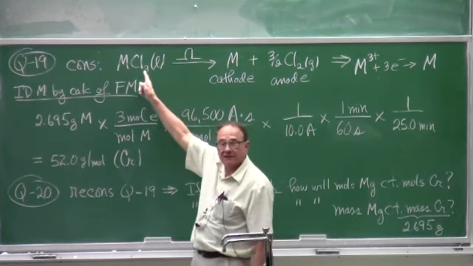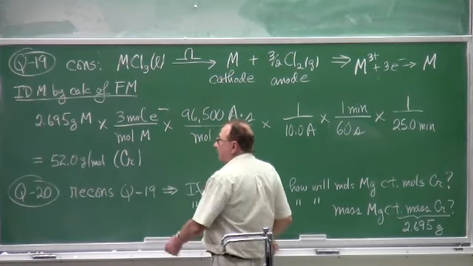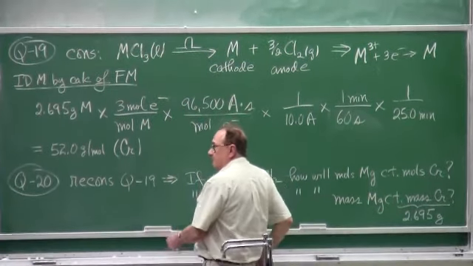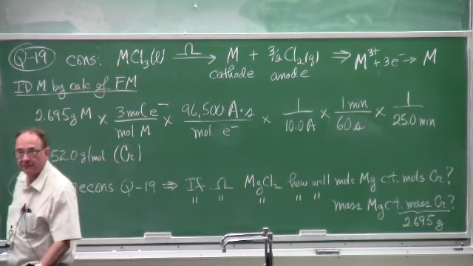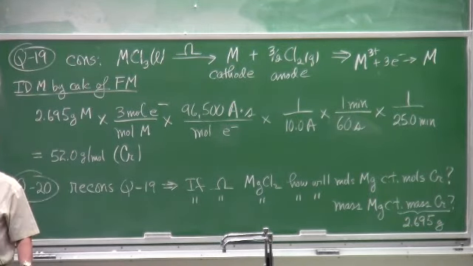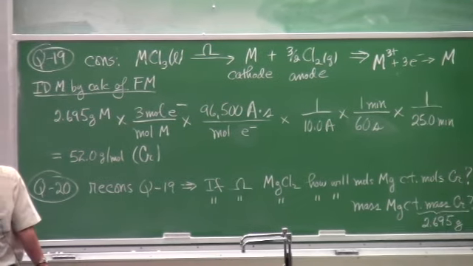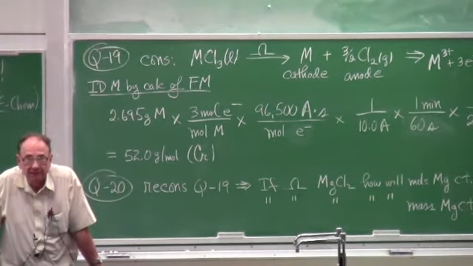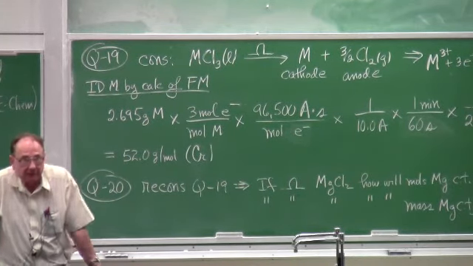Again, because the oxidation state of the metal in the metal chloride is +3. So how can we identify this metal? Since that's what the task described by this question is. Well, calculate its formula mass. And then we'll get out our periodic table and see which metal has this formula mass.